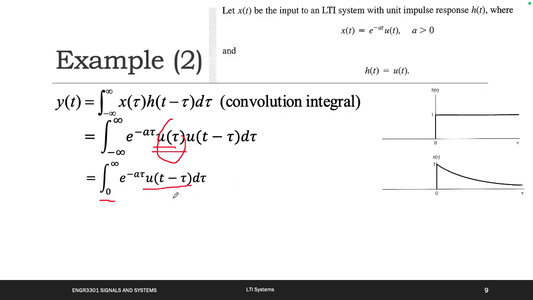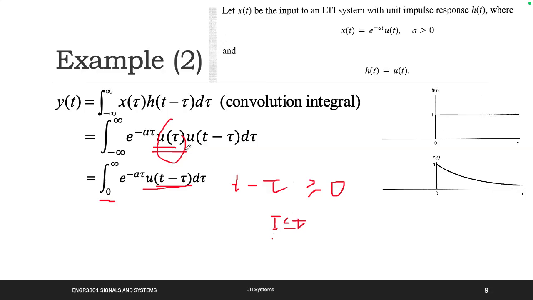And then let's talk about this one. If we want to remove it, we should let t minus tau be greater than or equal to 0. Because if t minus tau is greater than or equal to 0, this term will be 1. Otherwise, it will be 0, and we don't need to pay attention to that part. So tau should be smaller than or equal to t.